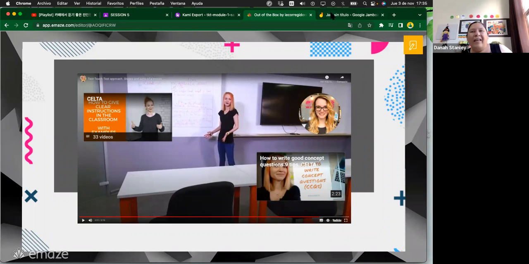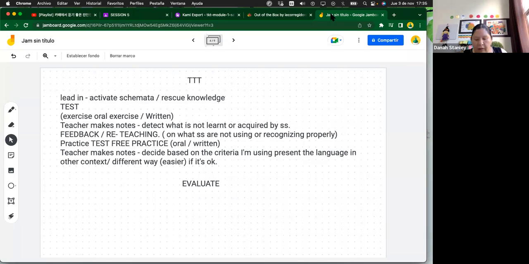So in this case, I really like to use this. I constantly use it in my classes, because I like taking into account the process my students are having. Every single step, I'm observing them. I'm evaluating, I'm taking into account.